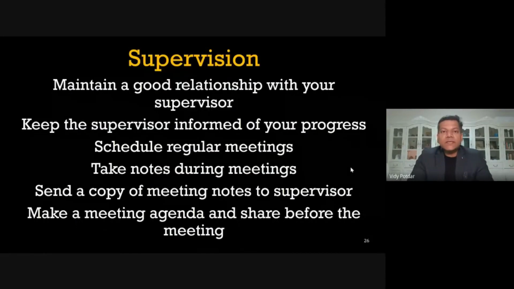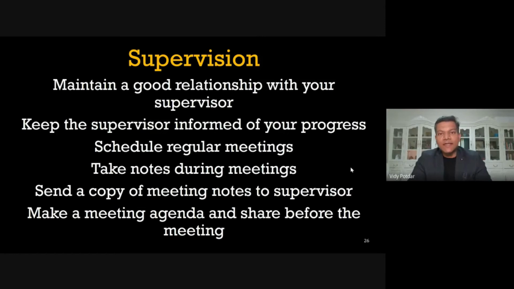Supervision. This is a very important aspect of your PhD, and that is your relationship with your supervisor. How you're going to communicate with your supervisor, how you're going to keep them informed of your progress, how you're going to schedule the meetings, how you're going to keep a record of the meetings, and so on and so forth.